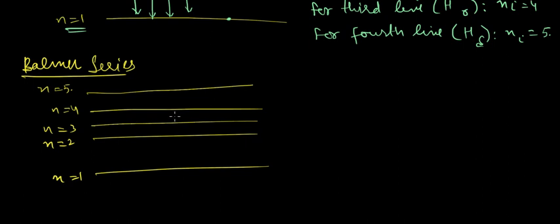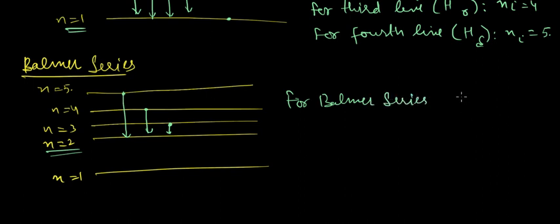So electrons can jump from n equals to 3 to 2, or from 4 to 2, or from 5 to n equals to 2. Here the orbit in which the electrons finally would be falling to would be n equals to 2.